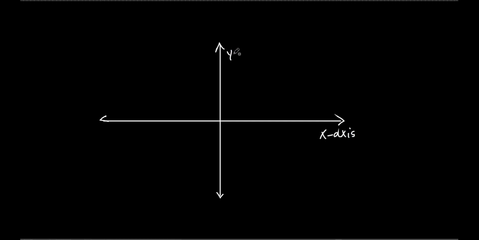Did you learn that this is the x-axis and that's the y-axis? By the time you get to where you are now, you've probably heard that before. So the horizontal one is the x-axis, and the vertical is the y-axis.